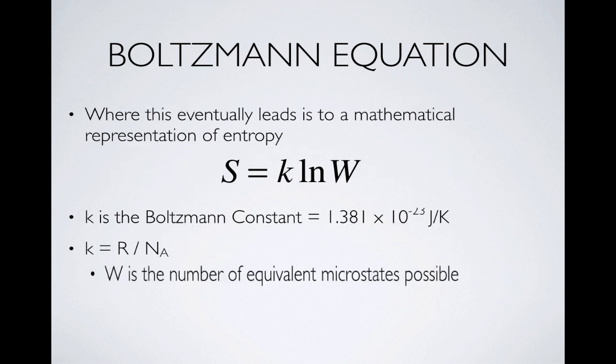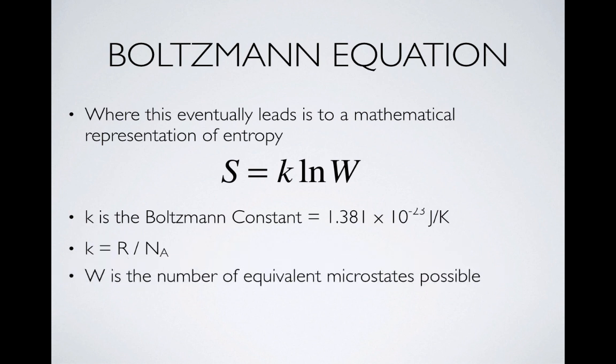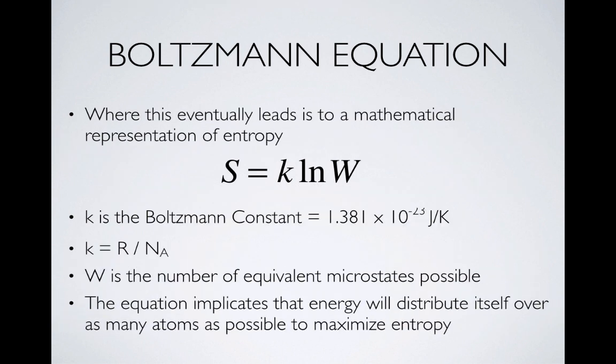Now this value W is the number of equivalent microstates that are possible within a macrostate. The more microstates you have available, the higher the entropy is going to go. What that implies is that the energy wants to distribute itself over as many atoms as possible to maximize the number of microstates, which will maximize the entropy in that system.